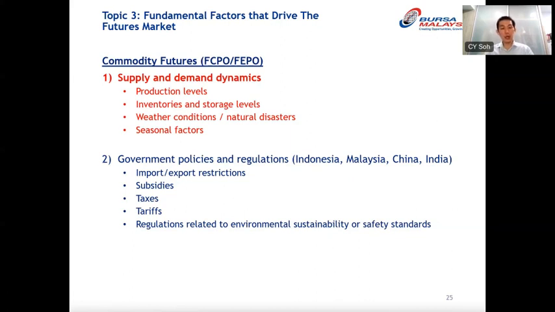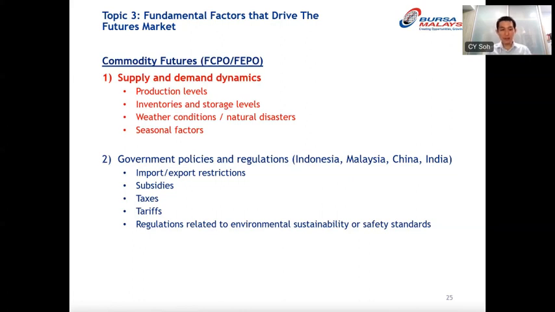Conversely, when the data shows low inventory or limited storage capacity, these factors will lead to higher prices due to concerns of scarcity or potential disruption in the supply and demand. Seasonal factors also impact your supply and demand dynamics.